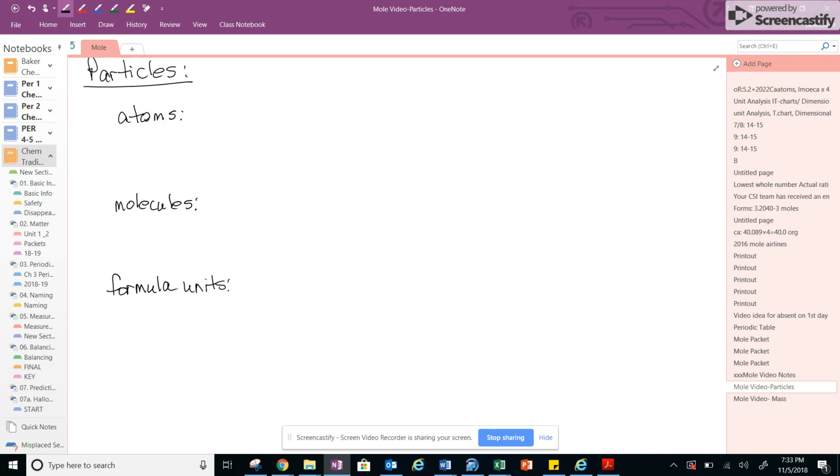So things that exist as atoms are going to be our non-diatomic elements. So in other words, not the 7-Ups or the Brinkelhoffs. I hope you remember those 7-Ups and those Brinkelhoffs. So if I were to have, for example, 1 mole of carbon, because it's a non-diatomic element, therefore I have 6.02 times 10 to the 23rd atoms of carbon.